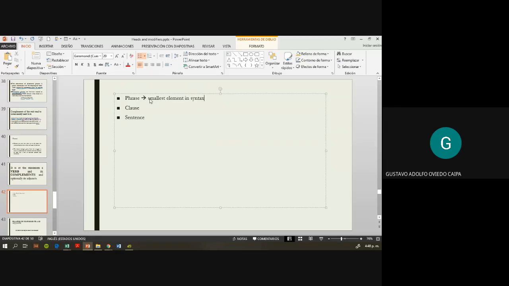Not the word, the phrase. And again, this one is going to be clearer when we start to recognize phrases, and I give a little bit more of an in-depth explanation of what a phrase is. But a phrase is basically a head with its modifiers.